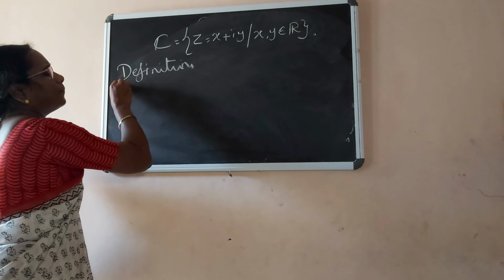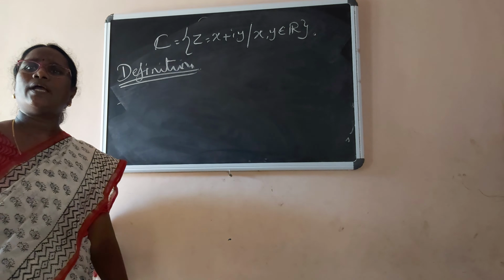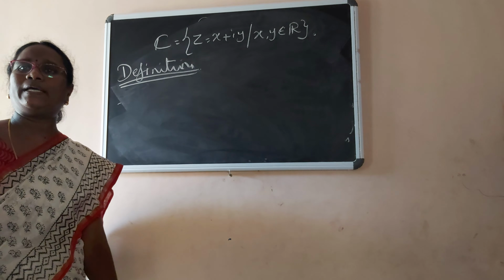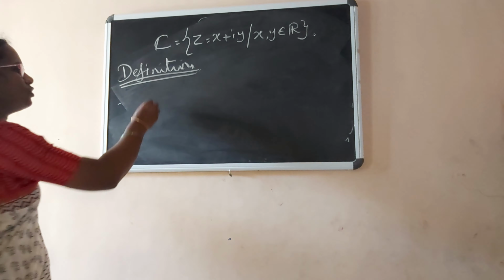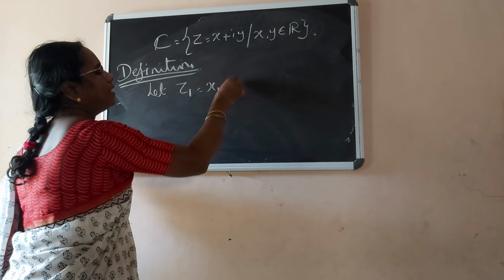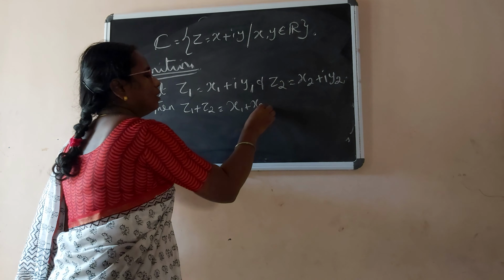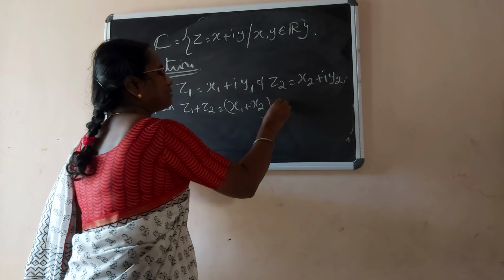We know that the fundamental operations used in R are likewise applicable in C. Now, let us take two complex numbers. Let z1 is equal to x1 plus i y1 and z2 is equal to x2 plus i y2. Then, the addition of two complex numbers, z1 plus z2, is equal to x1 plus x2 plus i into y1 plus y2.